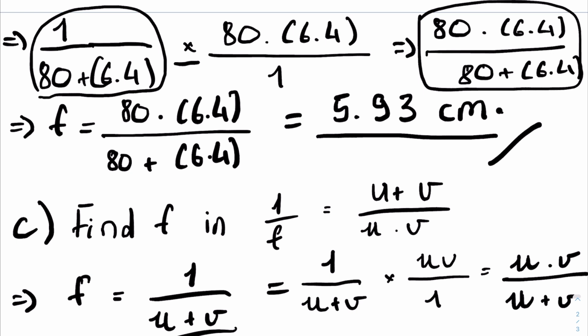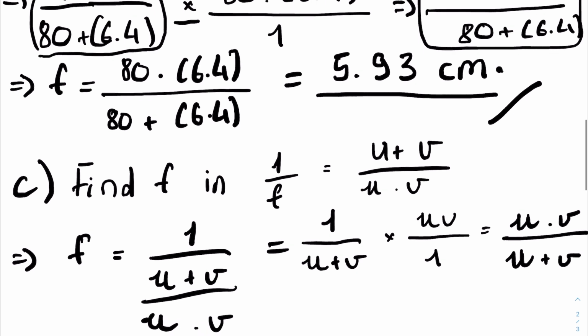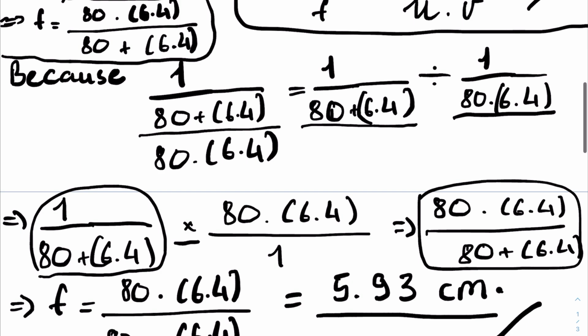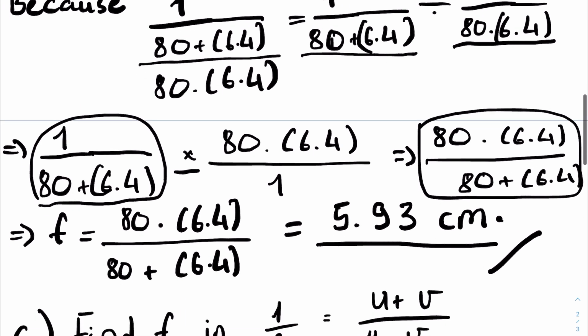And for the last part, part C, the question asks us to find the rational expression for f in 1 over f equals (u plus v) over (u times v). As I mentioned above, this is exactly the situation in part B. If you don't get it, I will demonstrate it to you, don't worry.